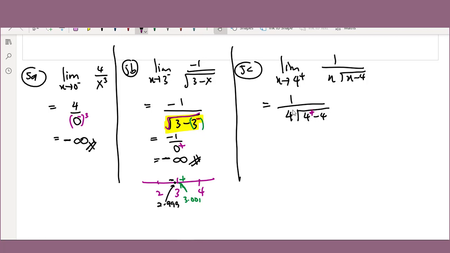This one is okay because it is just 4 and does not give any problem. And this one is 1 over 0. It means this is always positive because the square root is always positive. It gives a positive sign. The answer is 1 over 0 is equal to infinity, so it tends to positive infinity.